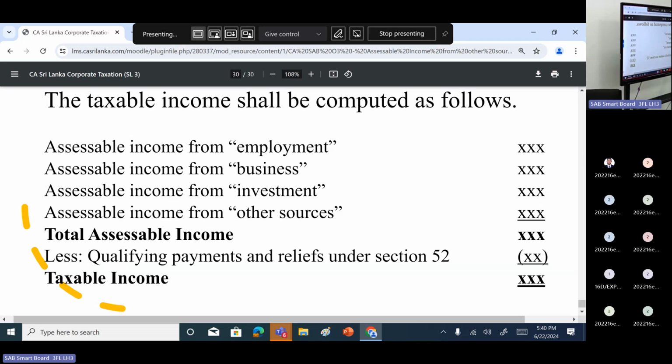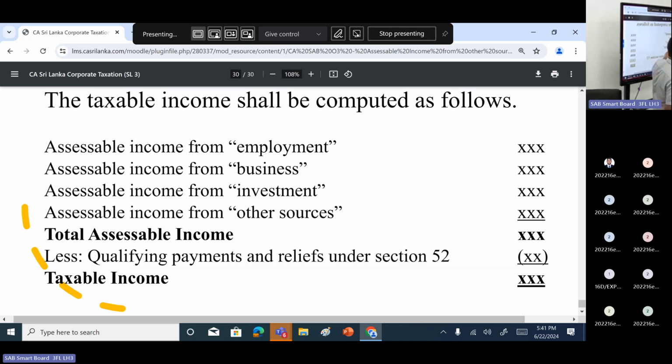So then what is the taxation? Assuming no other income, he has only that. During the year he has disposed of that building and got a gain which we recognize as capital gain, which is part of investment income, because under the assessable income from investment we discussed disposal of investment assets.